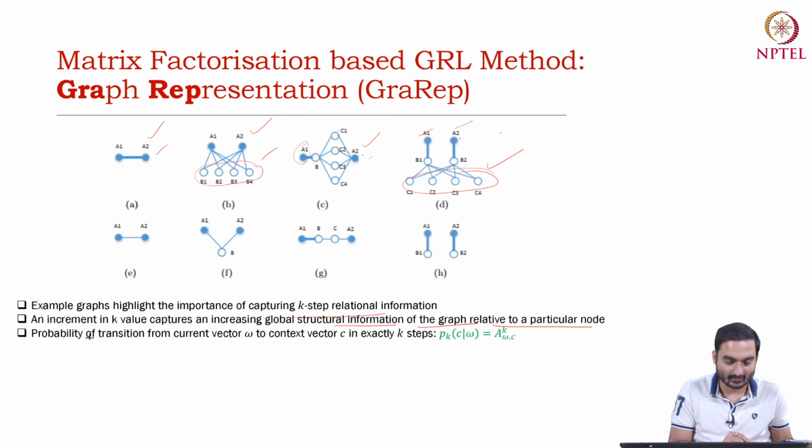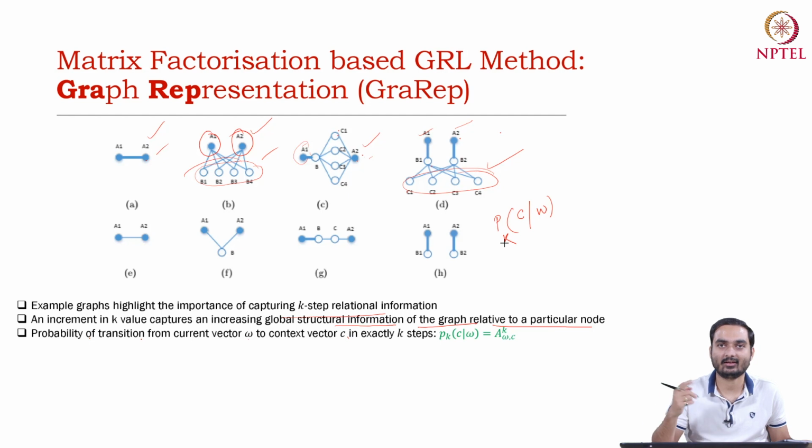So, the probability of transition from current vector W to context vector C: let us say this is your current vector and this is your context vector.